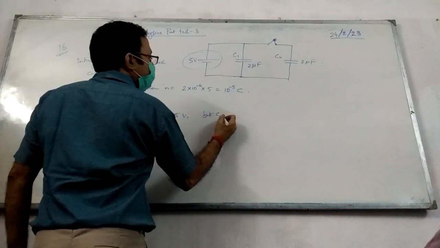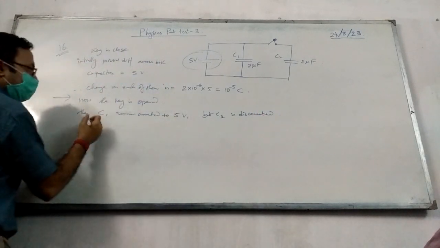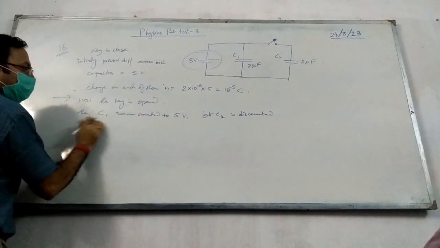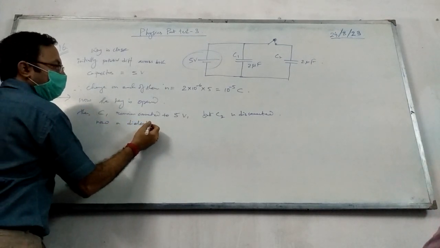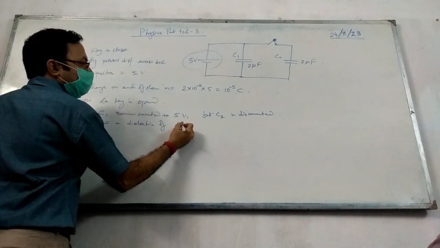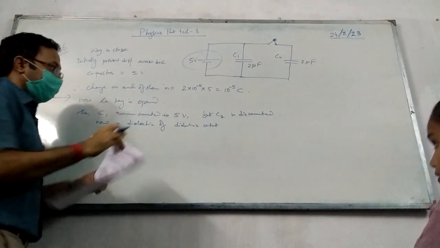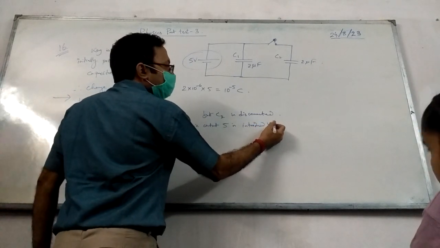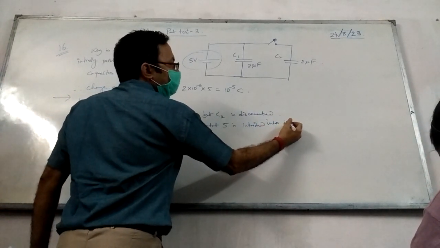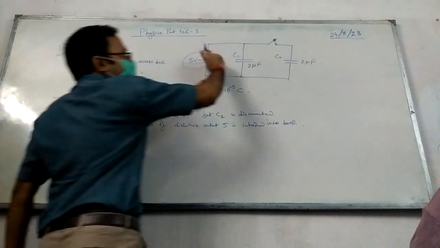But C2 is disconnected. Okay? Now a dielectric of constant 5 is introduced into both. So a dielectric is now introduced into both of them.